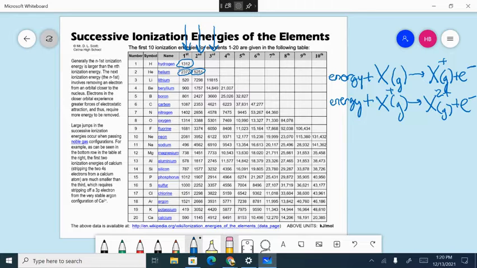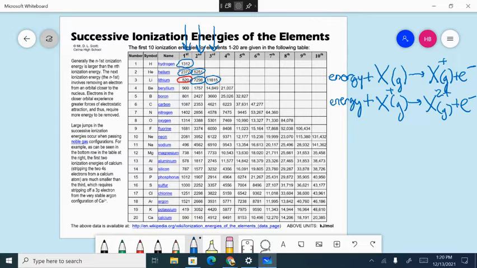Now let's go to lithium. Look at what happens to the ionization energies. The first ionization energy here is very low. That's because lithium has one valence electron that he will gladly give up. But then the second ionization energy and the third ionization energy are super high.